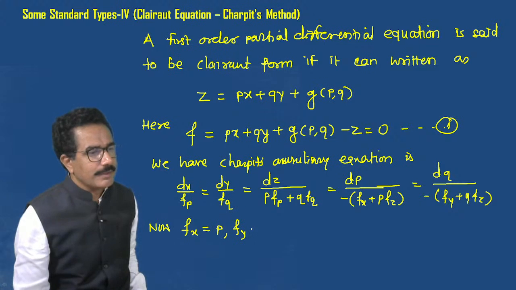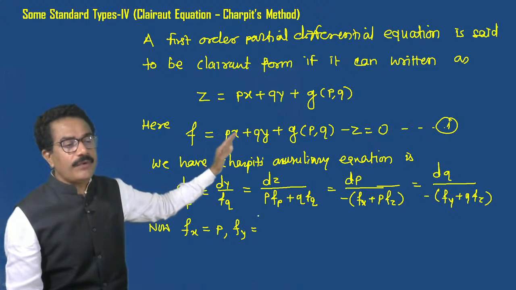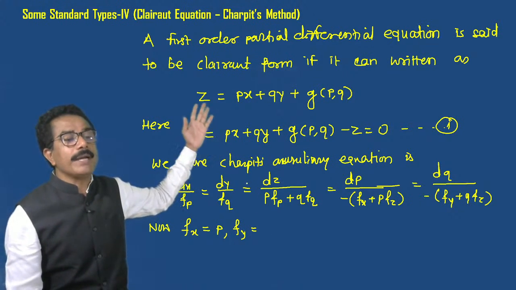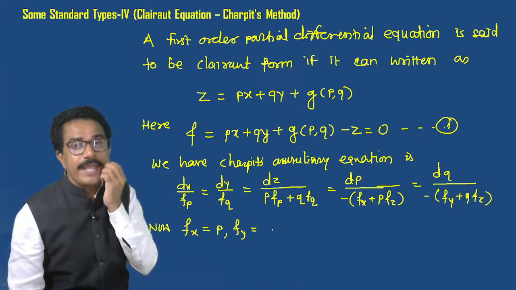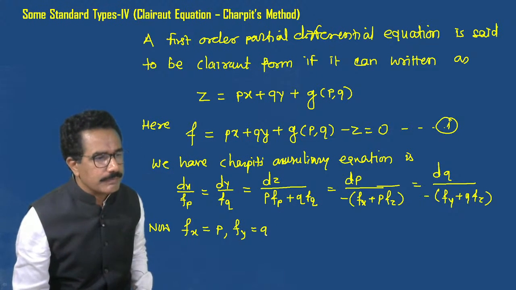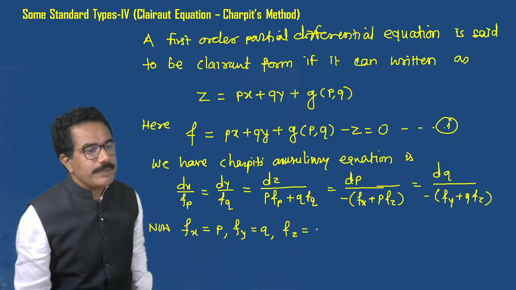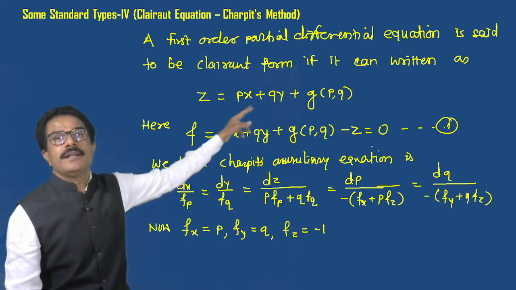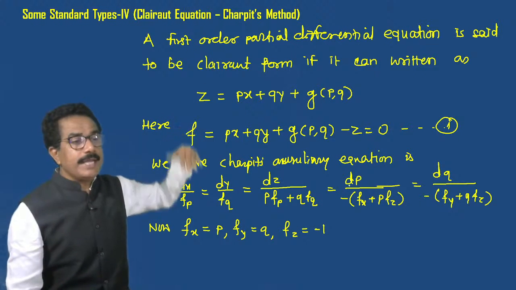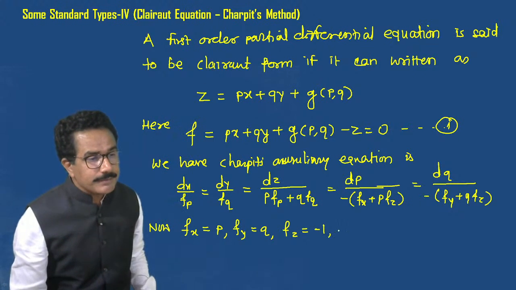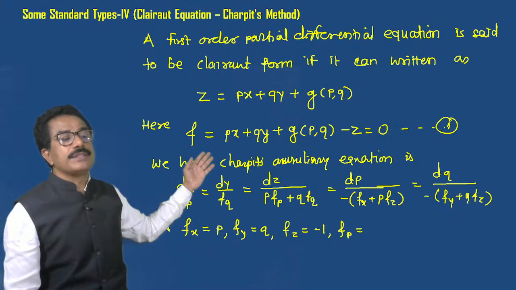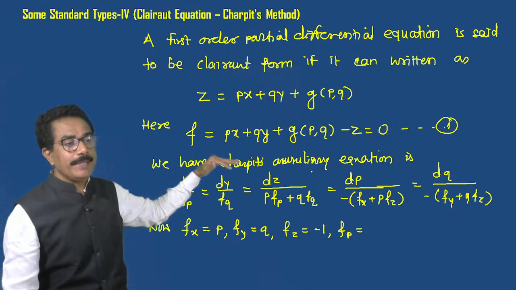Now fy, what is the value of fy? Partial derivative of f with respect to y, which is given by q. So fz is given by minus 1. Then fp, partial derivative of f with respect to p.